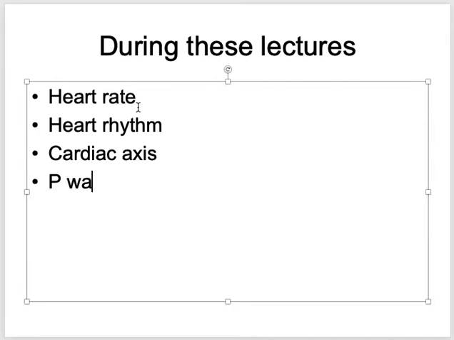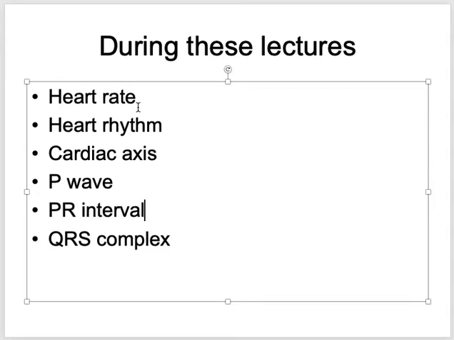Then we check for the P wave. We see whether the P wave is of normal voltage and normal size, and whether there is any abnormal shape like P pulmonale or P mitrale. Then we talk about the QRS complex, sorry, before that, we talk about one more thing, that is the PR interval, right?